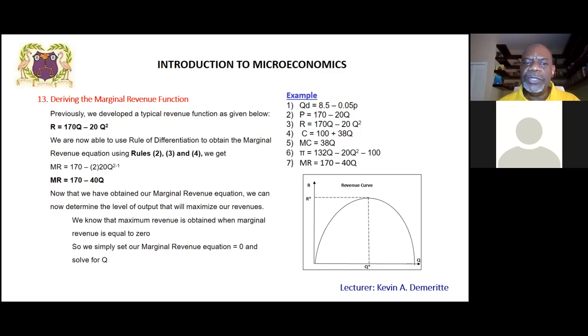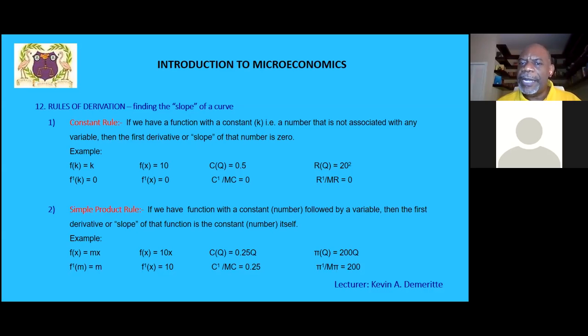So our constant rule says, if you have a function with a number in it all by itself, a number that's not associated with any variable, that means there are no x's or y's or q's before it, no x's or y's or q's or anything else after it, a number sitting out there all by itself, then the first derivative or the slope of that number is 0. So we have, for example, our C of Q, our cost function, and this cost function doesn't have anything else in it, it's just a 0.5.